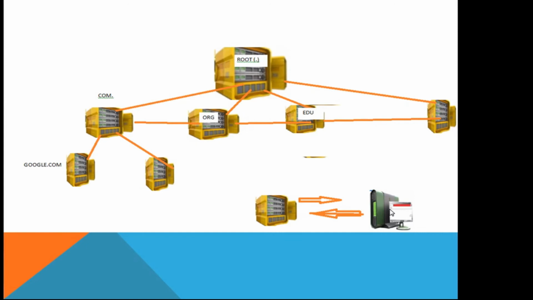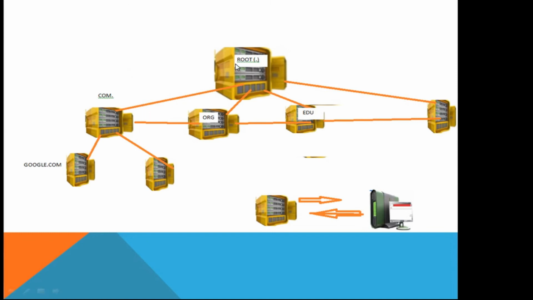They all work like a family. They will help each other, not directly but indirectly. Now your local DNS sends the request to the root domain server: you know what, do you have information about www.google.com? It will check its cache, but the root domain is only responsible for top level domains. It does not have any information about Google, but it does contain the information about the com domain.